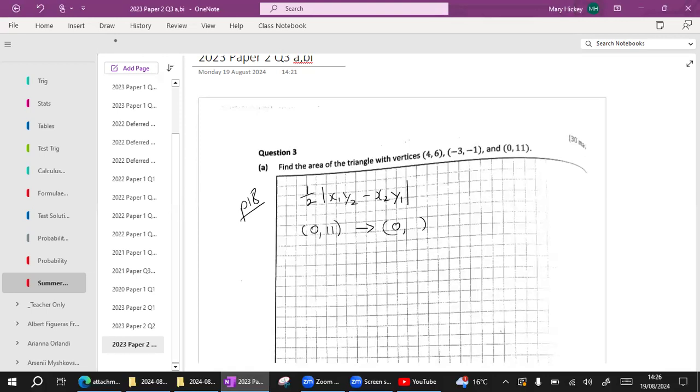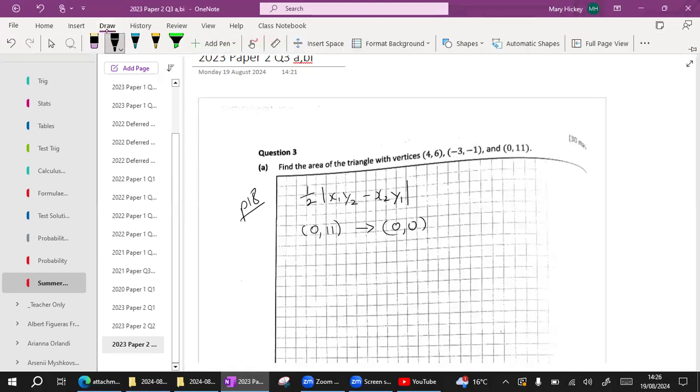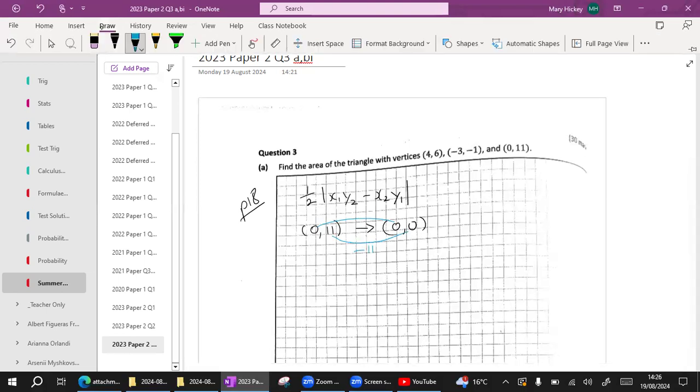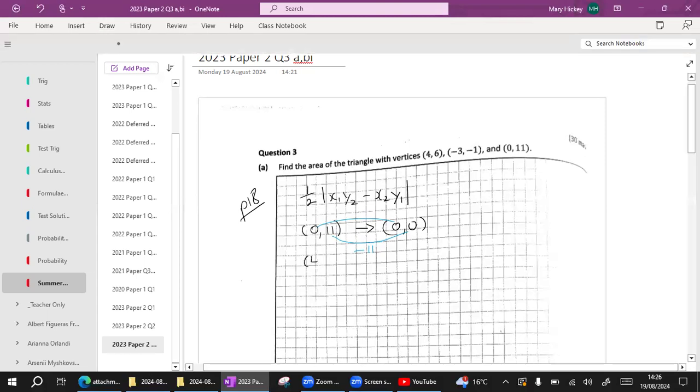If I want to move this to 0, 0, how would I do that? There's no change to the x coordinate. I have to go down 11 for the y coordinate. Now I have to mimic that change in the others, so in the 4, 6 and the -3, -1.